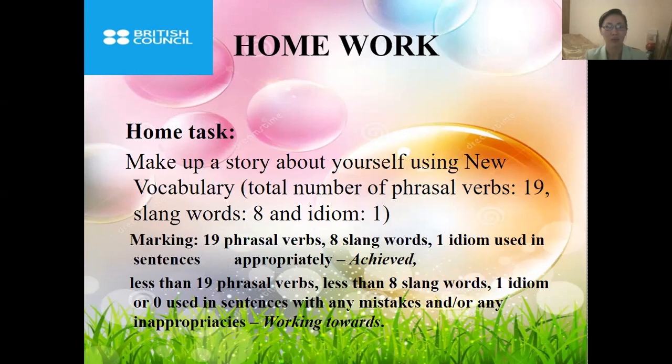And the marking will be: if you have the mentioned numbers, it will be achieved. If less, working towards. There is always a way when you try to achieve something, right, okay? Again, if you have any questions, please contact me.